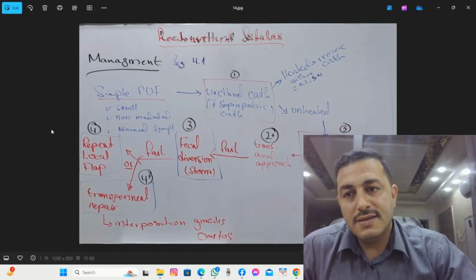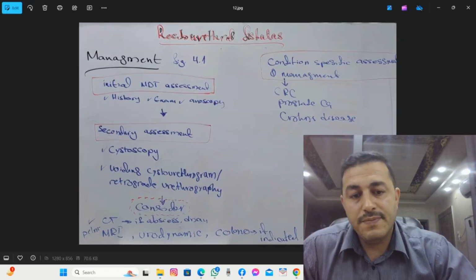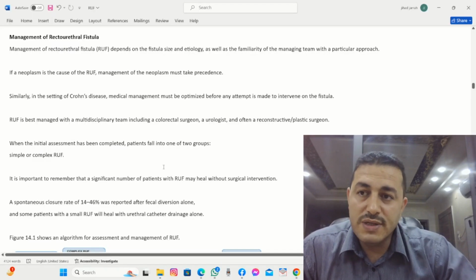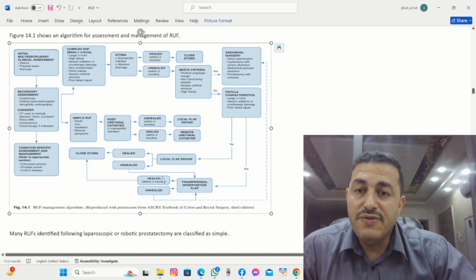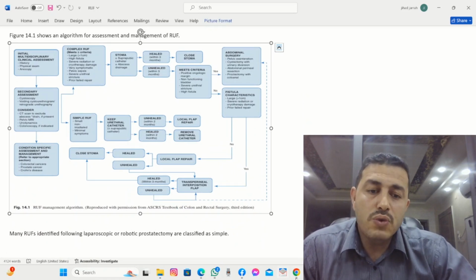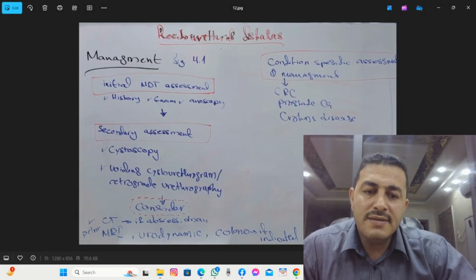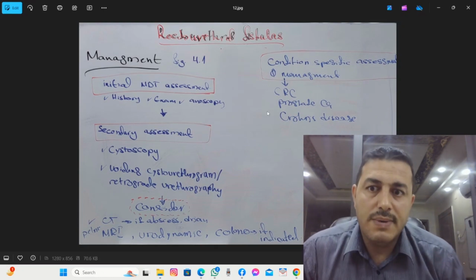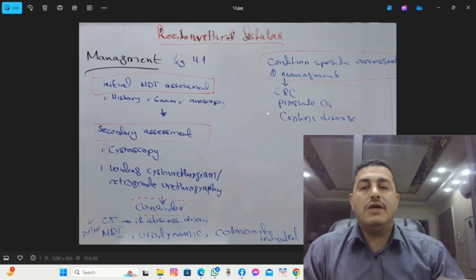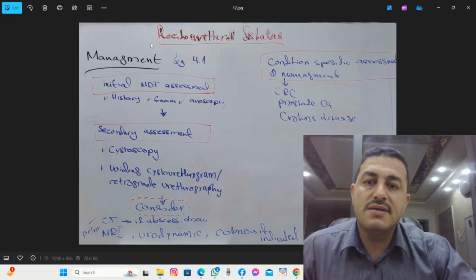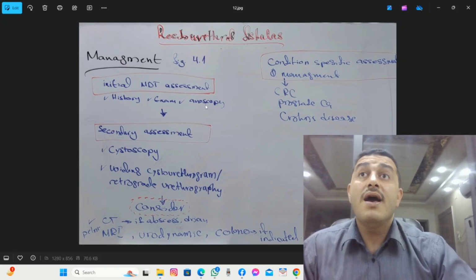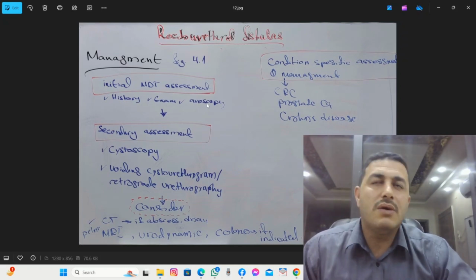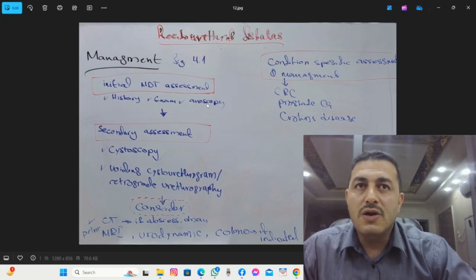We have a picture here, which is in my notes, summarizing the different approaches to the fistula. It talks about our initial assessment. The initial MDT assessment starts with history, exam, and anoscopy; when we talk about colonoscopy, we said anoscopy or proctoscopy may be enough.